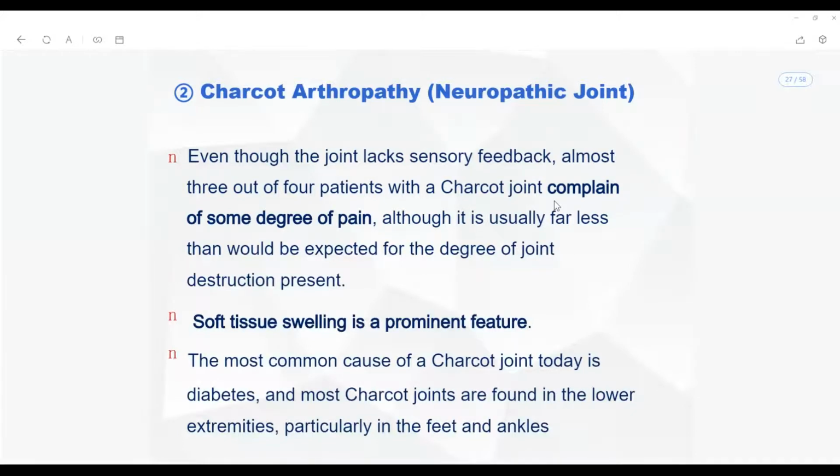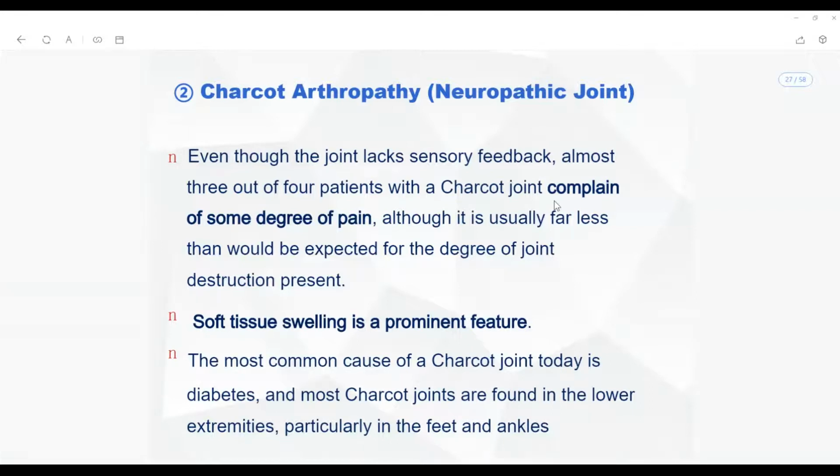Usually it is far less, but there will be some joint destruction present, so patients will complain of some degree of pain, right? So Charcot arthropathy is nothing but the complaint of neuropathic pain happening along the joint.